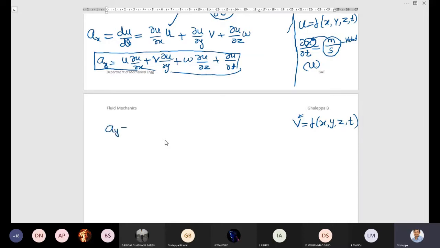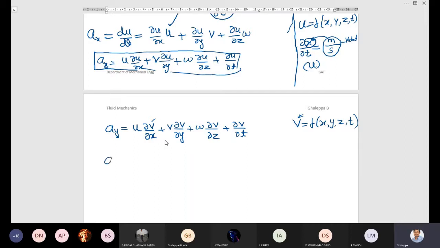I will write ay equal to u as it is, and in place of ∂u, I will write ∂v. So u ∂v/∂x, plus v ∂v/∂y, plus w ∂v/∂z, plus ∂v/∂t. This is the expression of acceleration in y direction.